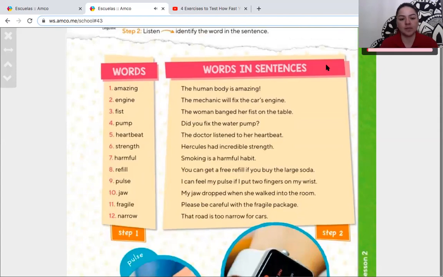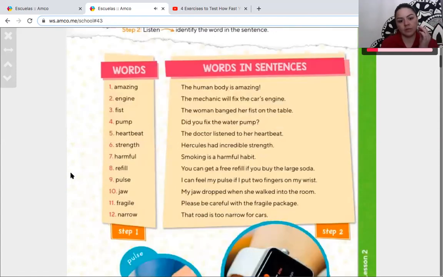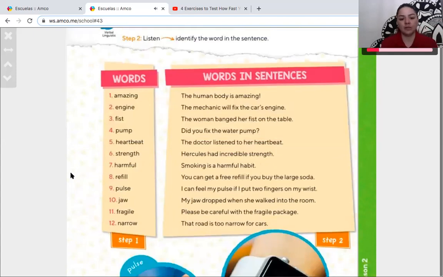Lesson 2. The words you will hear are not necessarily in the same order as the ones in the book. Refill. You can get a free refill if you buy the large soda. Jaw. My jaw dropped when she walked into the room.